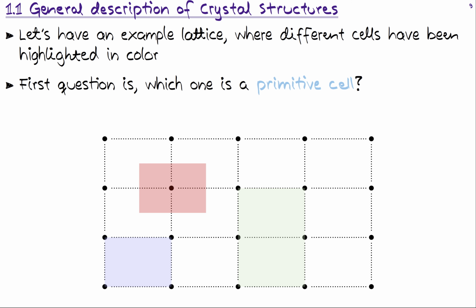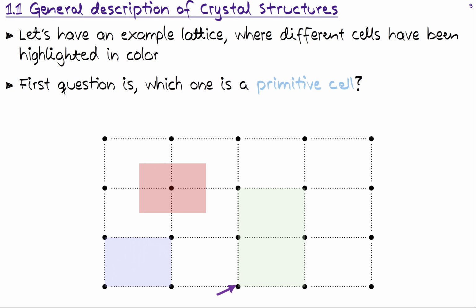And I will now provide you the answer: the primitive cells are exactly those smaller rectangles there. This, for example, is a primitive cell, and this one is a primitive cell, because they are being generated with the primitive generating vectors, translation vectors. And this one is not a primitive cell because we could also form a smaller cell.